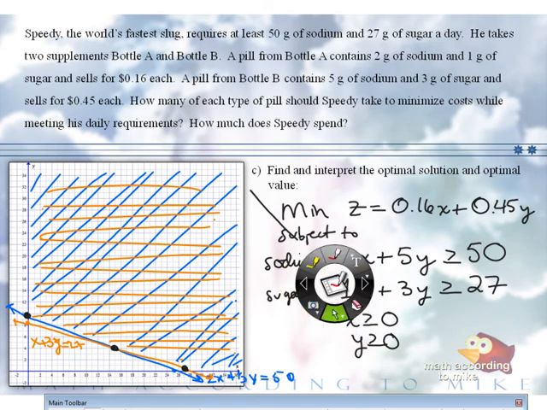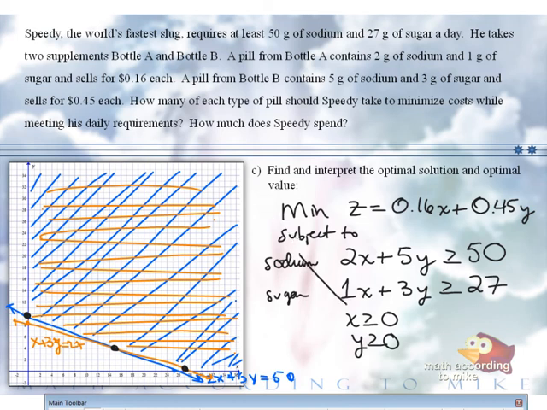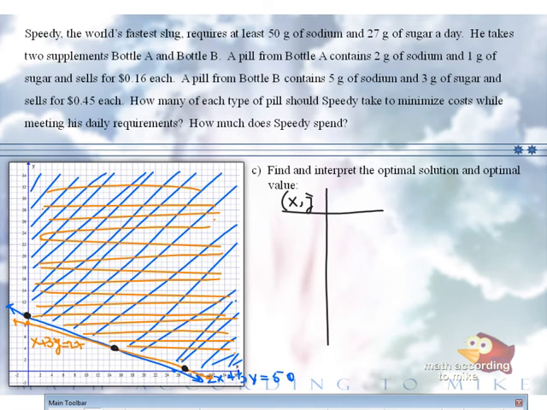So we have 0, 10. We have 27, 0. So if you would, go through and find your third point. This last corner point is 15, 4.